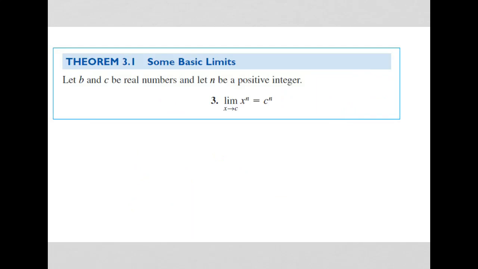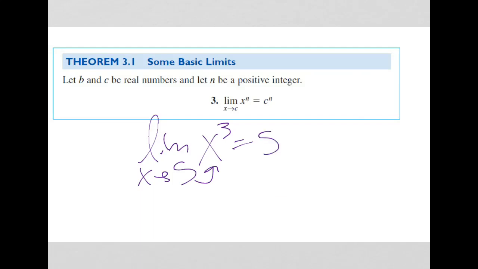And finally, the last one, following suit right there, limit as x goes to 5 of x to some power, let's just say 3, is that x value substituted in directly, 5 to the third, which is 125.